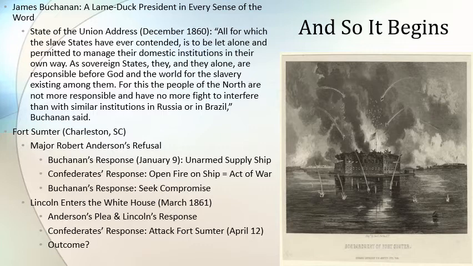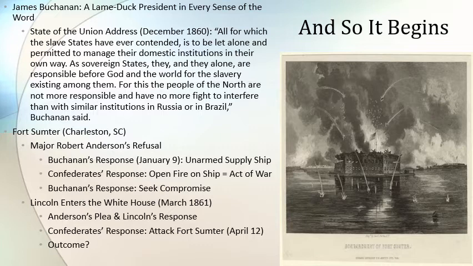When South Carolina secessionists surrounded Fort Sumter, which was located on a tiny island off the coast near Charleston, South Carolina, Union Major Robert Anderson refused to surrender. Despite his lack of action regarding Southern secession during this time, Buchanan did actually react, and he reacted by sending an unarmed steamship of supplies to Fort Sumter.